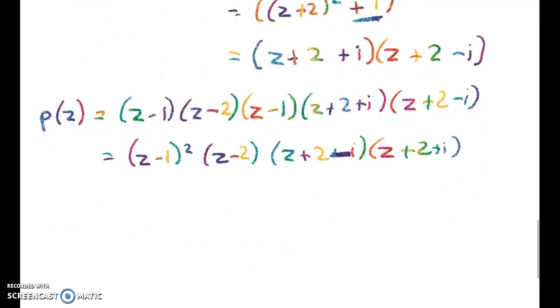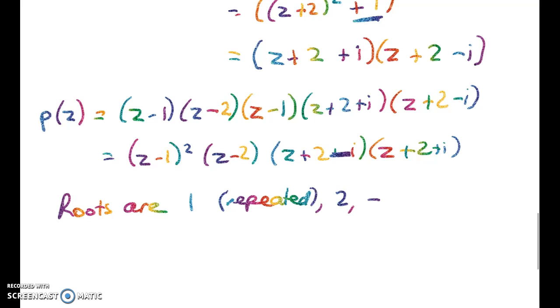So the roots are what? Let's see. 1, so the roots are 1, and we're going to say repeated. 2, and then negative 2 minus i, and negative 2 plus i.